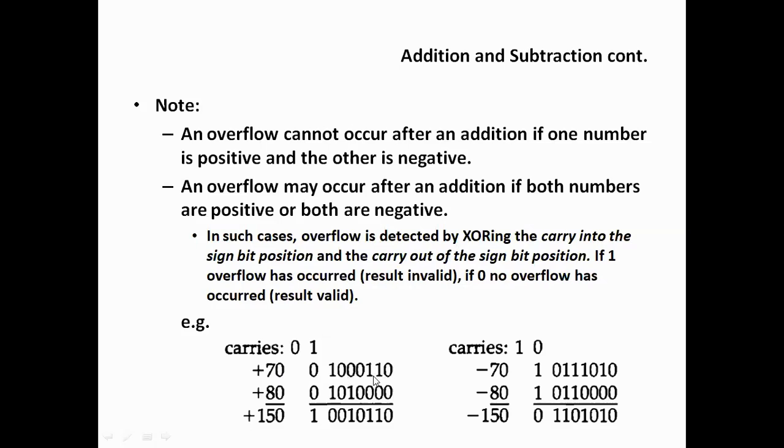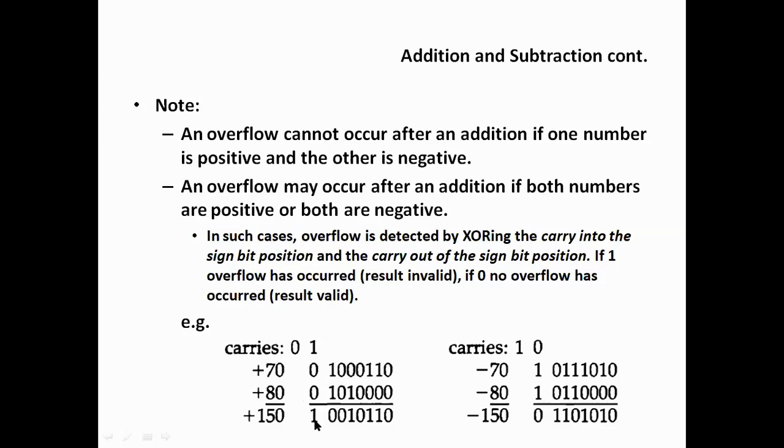If you look keenly, this is an 8-digit representation. 1, 2, 3, 4, 5, 6, 7. These 7 bits represent the magnitude. This represents the sign. So this is the carry. If there is a carry into this position, we call it the carry into the sign bit position.